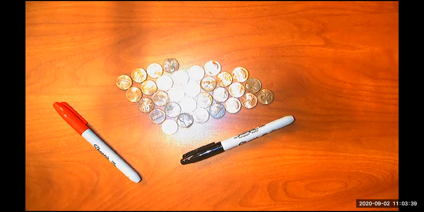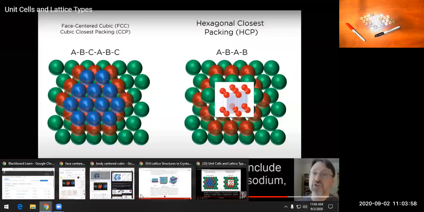What else can we talk about? Yes? Can you explain where octahedral holes happen versus tetrahedral holes? Sure. So octahedral holes versus tetrahedral holes. So let me go back to screen sharing.